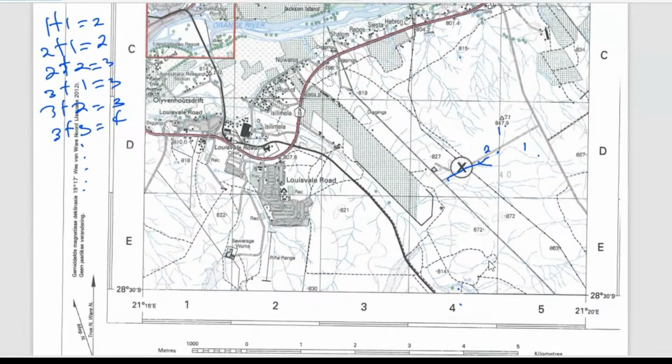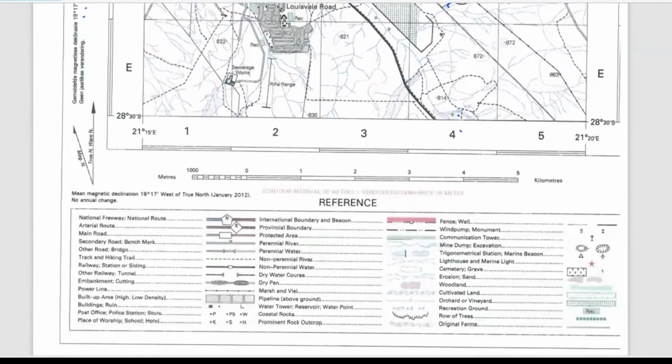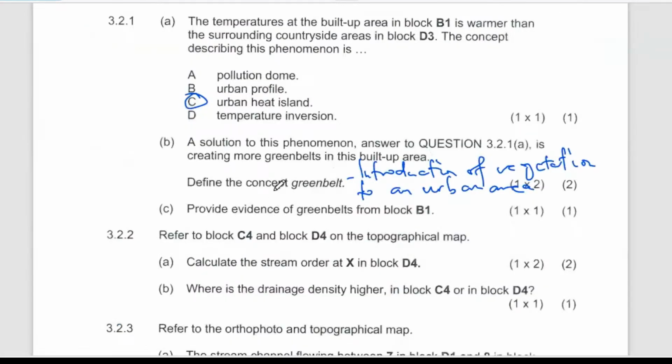If we trace this one again, this one is starting here, and this one is also starting here, which means this is number 1, this is number 1. Number 1 plus number 1 at this confluence gives us stream number 2. So this confluence here, before we get to X, is a confluence of 2 plus 2, which is stream number 3. So the order at X is a third order, made up of 2 plus 2 to give us 3. Right, we move on to the next question.